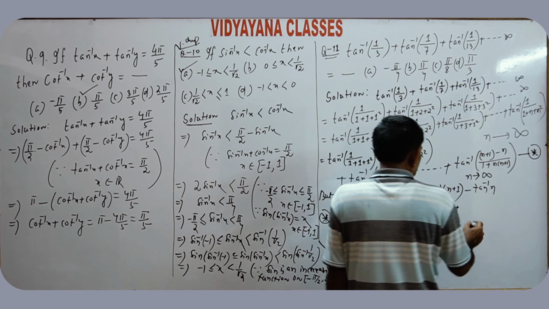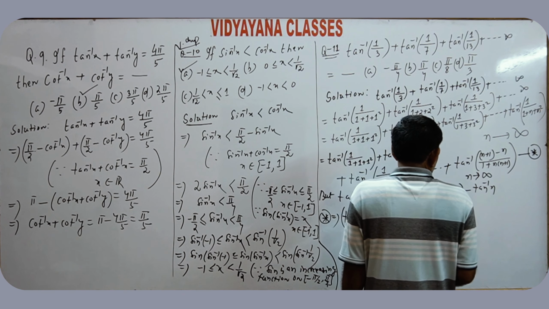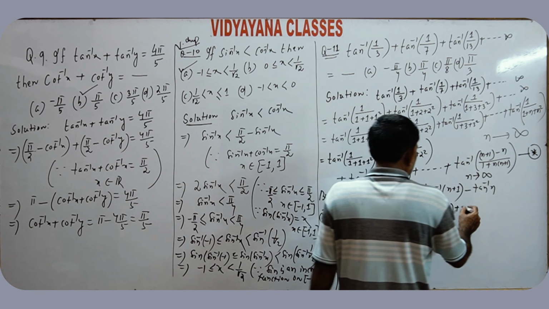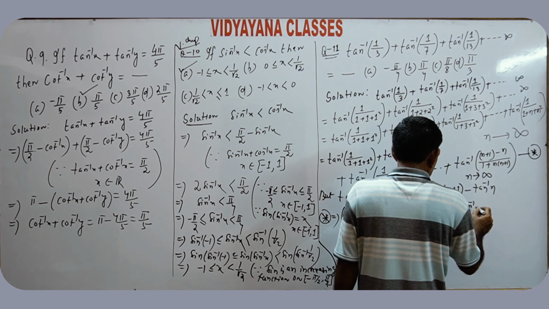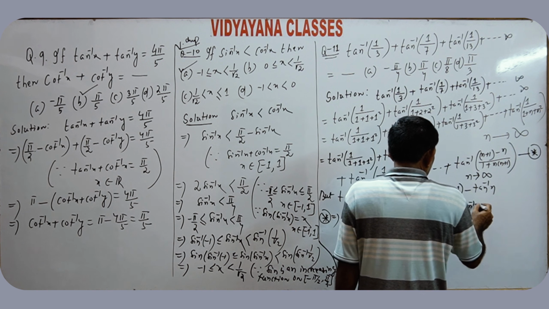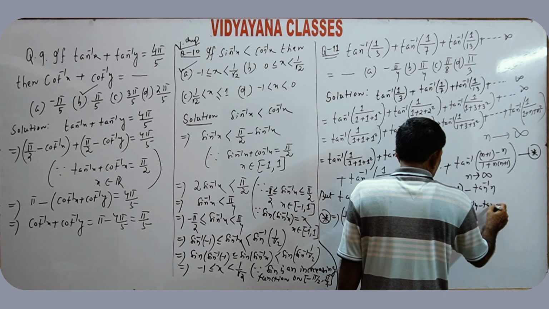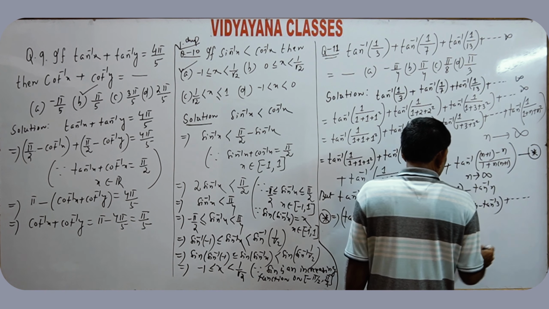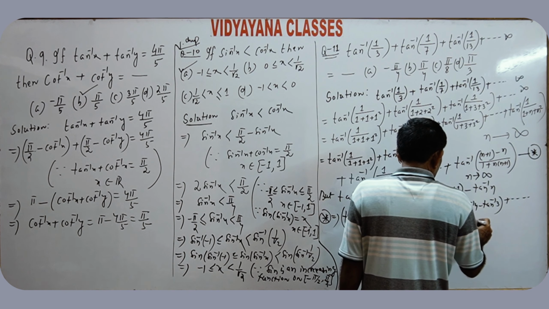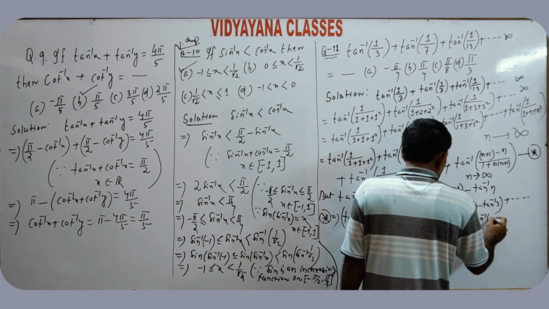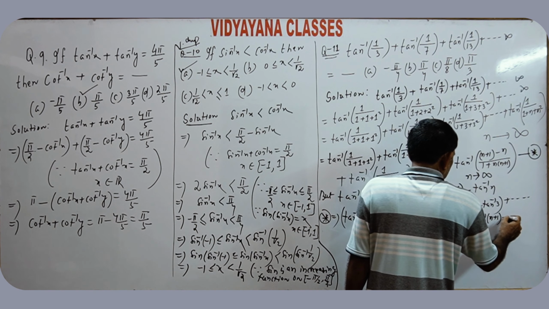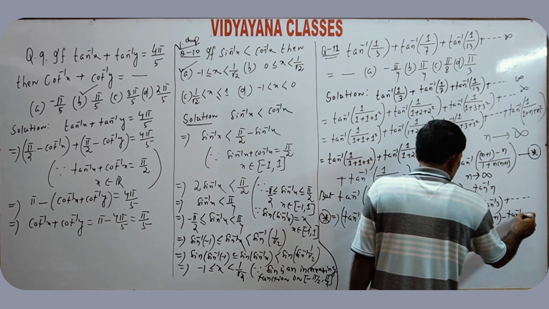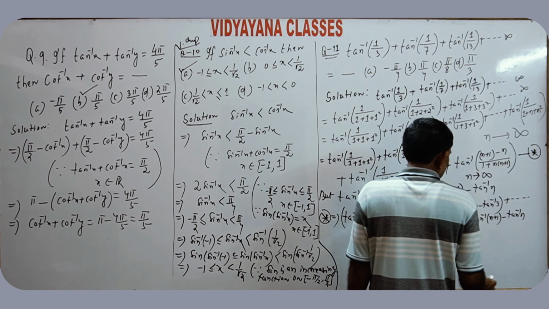Plus, for n is equal to 3, tan inverse 4 minus tan inverse 3. Plus up to the last term, tan inverse n plus 1 minus tan inverse n.